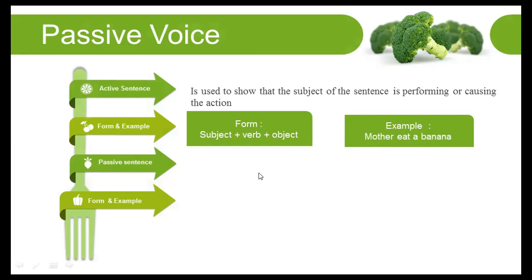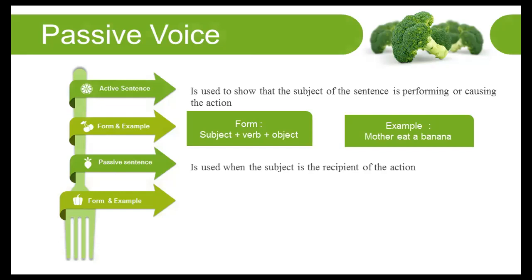Okay, next, the passive sentence. What is the passive sentence? The passive sentence is used when the subject is the recipient of the action.